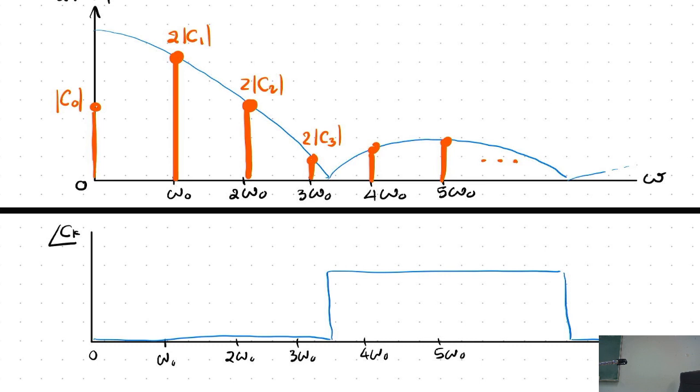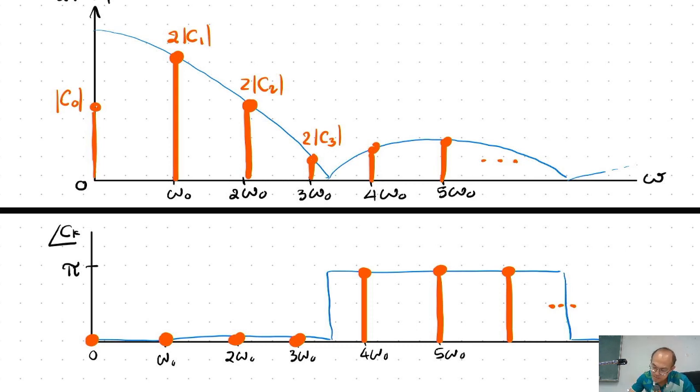Over this interval, the value of the sinc is negative, so the phase of the sinc is pi. Over this interval, the value of the sinc is positive again, so the phase is 0 again. So at frequency 0, the phase would be 0. This is 0, 0, 0, and at omega 0, the phase is pi because the value of the sinc is negative, and so on, right? So this is pi, or 180 degrees.